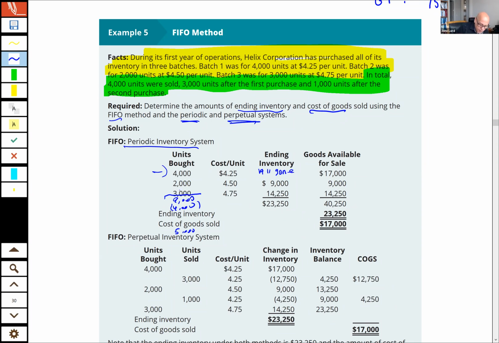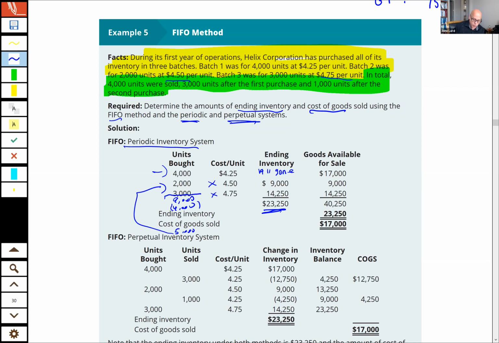So my 5,000 units that are left in my ending inventory, I'm going to value those 2,000 at 450, right? They told us they paid 450 for those. And these 3,000 units at the 475. And so I go ahead and I extend that out, and I've got my ending inventory part of the answer. And then my what?